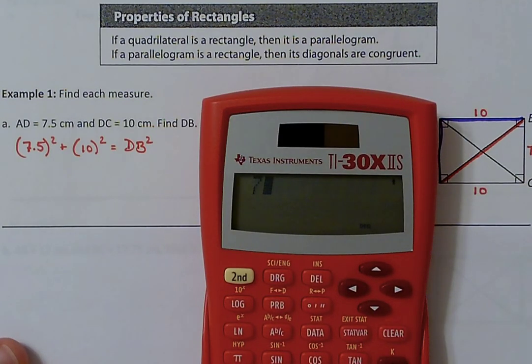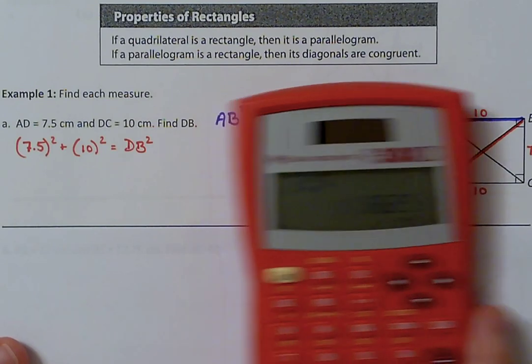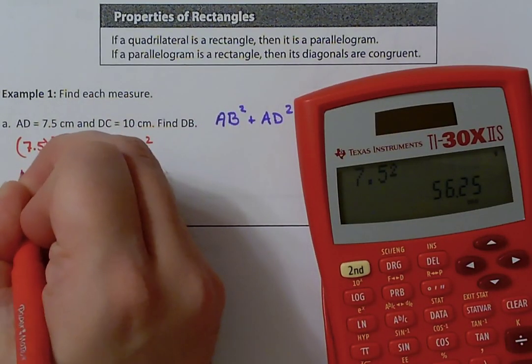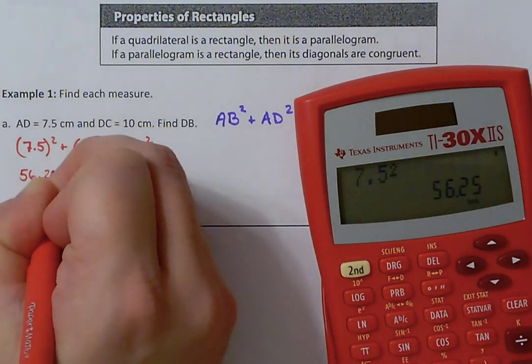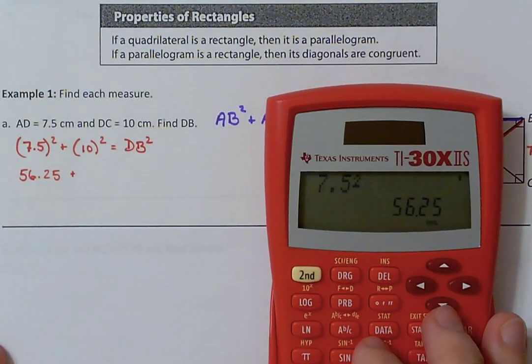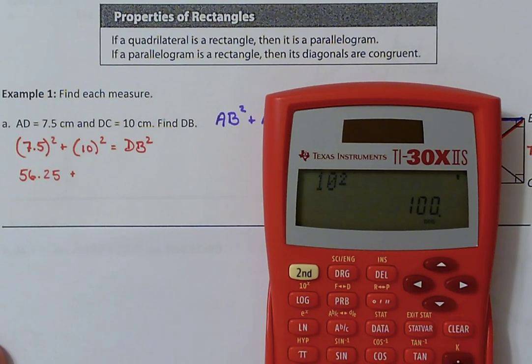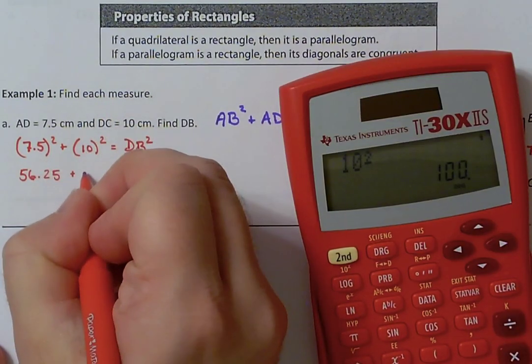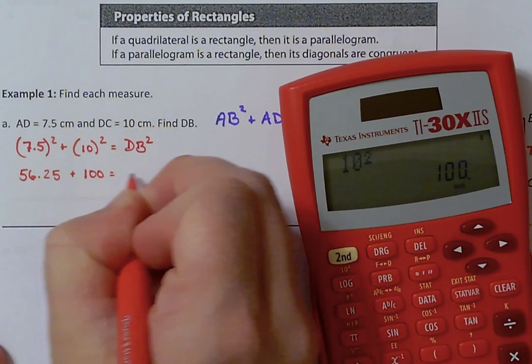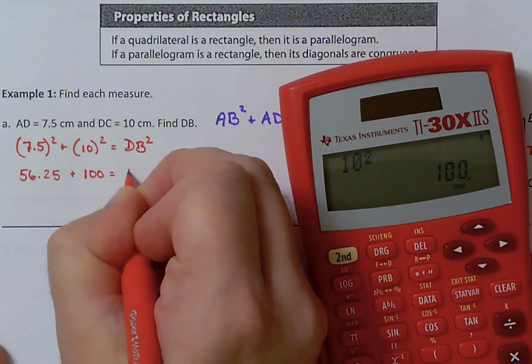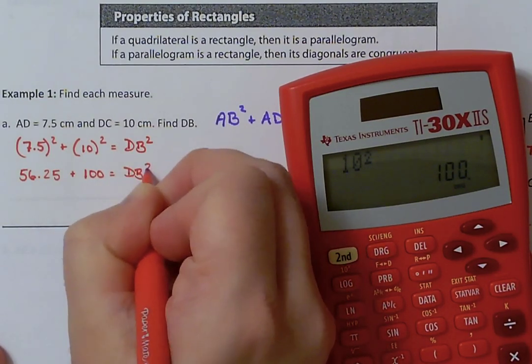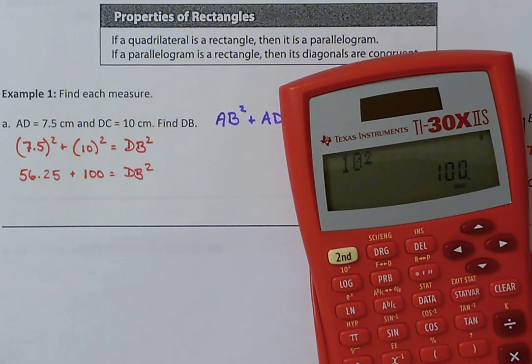If we do 7.5 to the power of 2, we end up with 56.25. If we do 10 squared, we end up with 100. So I now have 56.25 plus 100 equals DB squared.